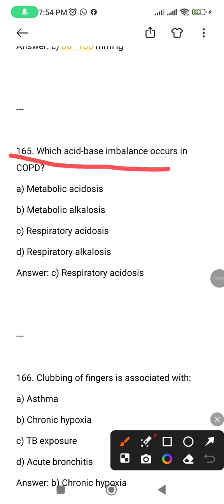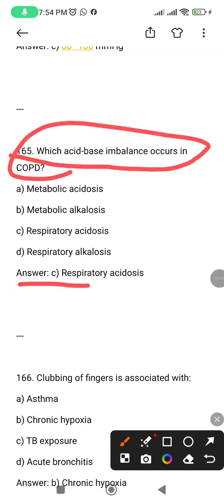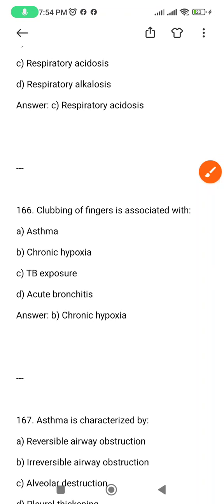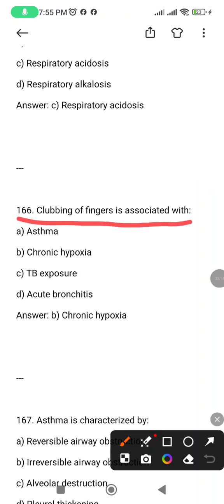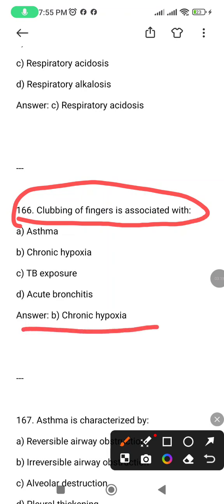Which acid-base imbalance occurs in COPD? Respiratory acidosis. Clubbing of fingers is associated with chronic hypoxia.